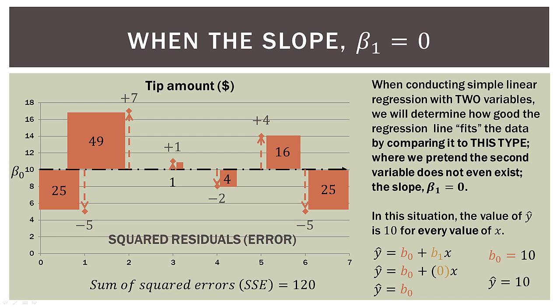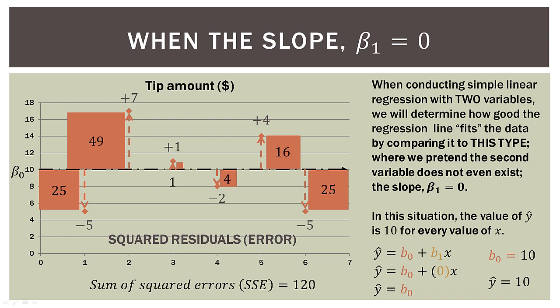Any regression line we come up with, we will always be comparing it to the situation where the slope is 0. And the most extreme case where the slope is 0 is where the independent variable does not even exist.